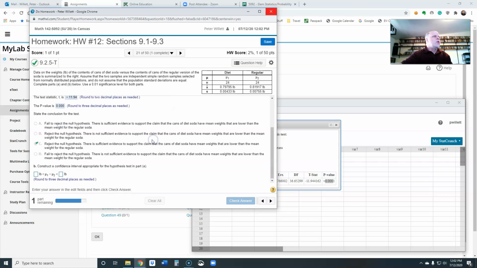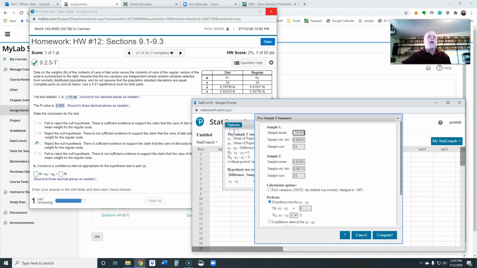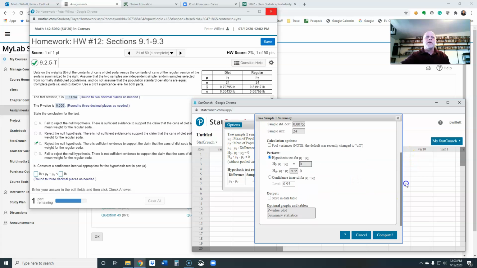Okay. So then next up for part B, it says, well, instead of doing a t-stat, we want to do a confidence interval. Well, we just saw that as an option here. So actually, I don't have to enter the data in. I'm going to go into options and I'm going to hit edit. And now I'm going to bring this screen back up, and then I don't have to re-enter the data.